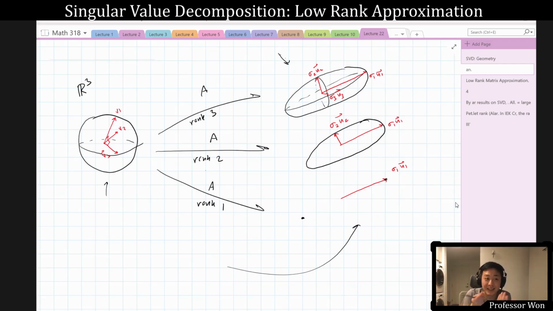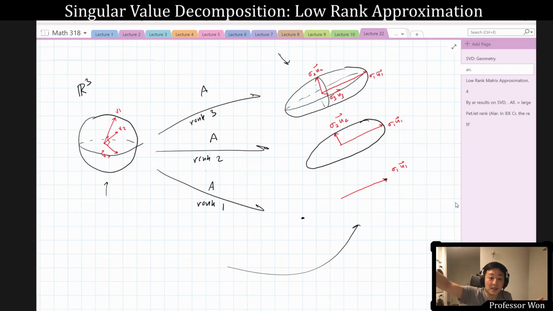The most salient feature of the ellipse is the length of these semi-axes, right? And the best approximation to the ellipse is to take the largest one and call that, okay, well, if I'm only allowed to have a 1-dimensional hyperellipse, which is just 2 points, then I might as well choose the 2 points that are the longest semi-axis.